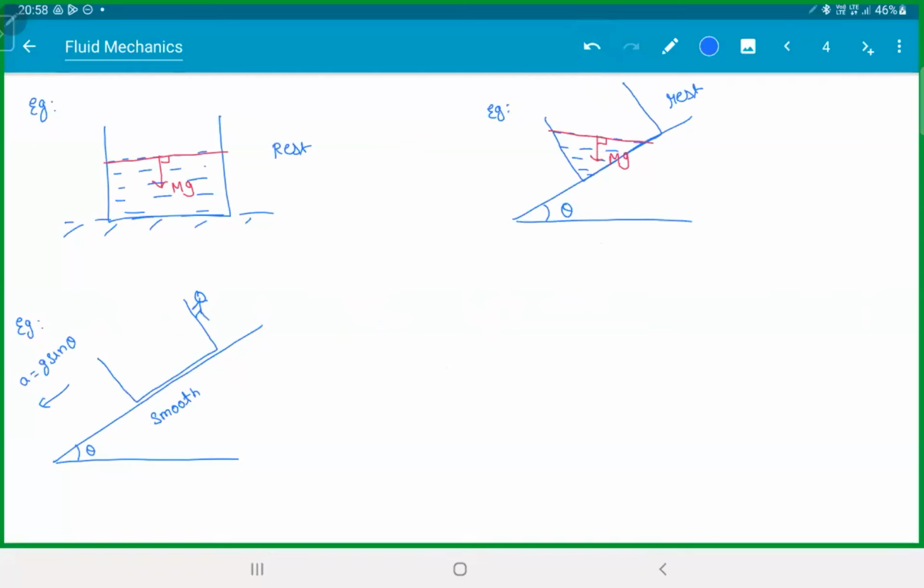So can you tell me what will be the forces acting on the liquid now? mg sine theta. Look at the forces here. mg sine theta, mg cos theta. Agreed? Since you're standing on the container, there will be a pseudo force ma.